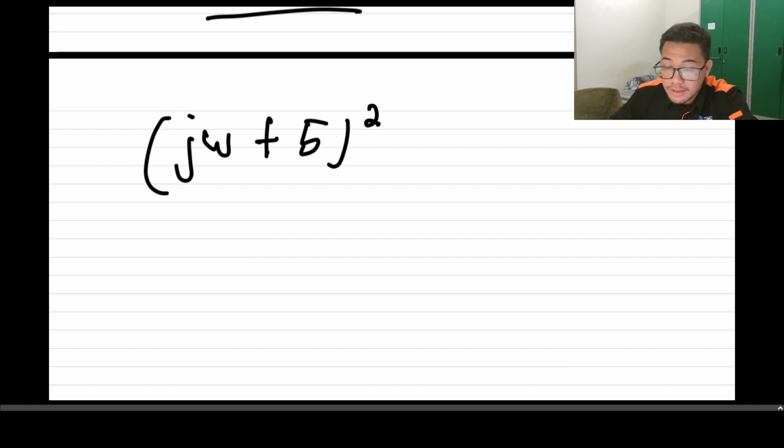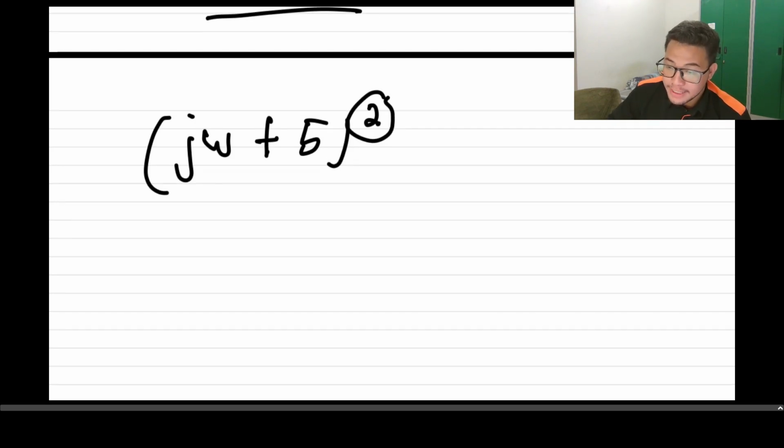Same method that we use in equation 1, but this equation has a power of 2. The power of 2 represents a decrement of magnitude twice as normal, that is negative 40 dB.